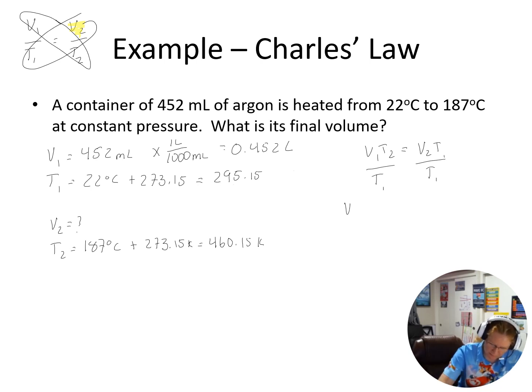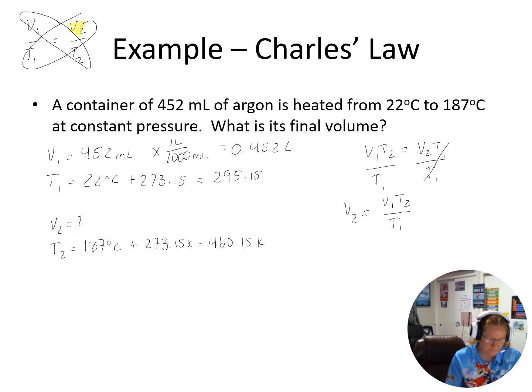So I'm going to ultimately end up with V2 is equal to V1 T2 over T1 because T1 will cancel out on that side. So now this is where it's really important that you took the time to define your V1 and T1 and V2 and T2, because now I have to pay attention to which one goes where, because I have V1 times T2 divided by T1. So it's really important to pay attention to what you have where.